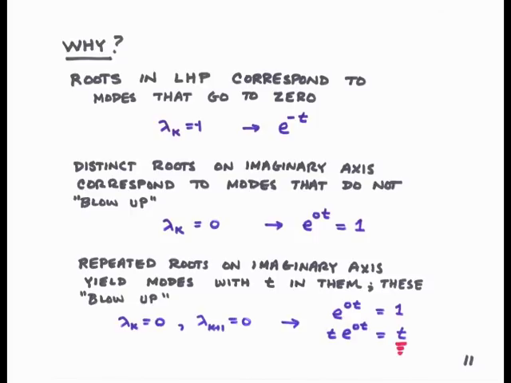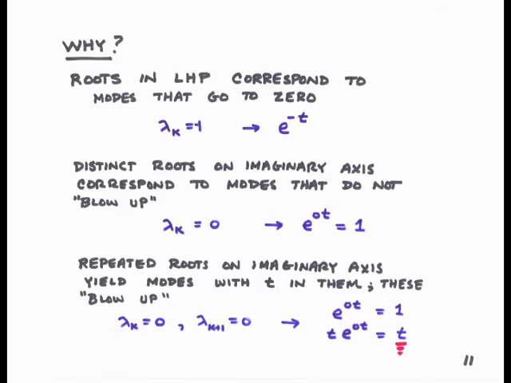So for example, if we have lambda k equals 0 and lambda k plus 1 equals 0, we have the modes e to the 0t, which is a constant, and te to the 0t, which is t. That will blow up to infinity as time goes to infinity. This is why we cannot have repeated roots on the imaginary axis for marginal stability, but we can have distinct roots on the imaginary axis.